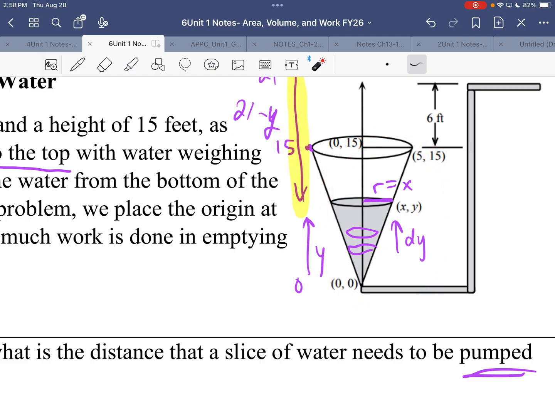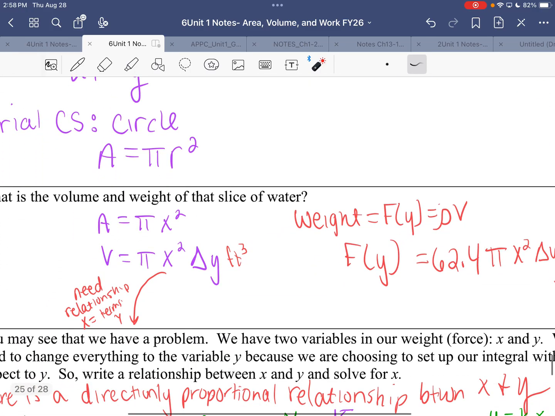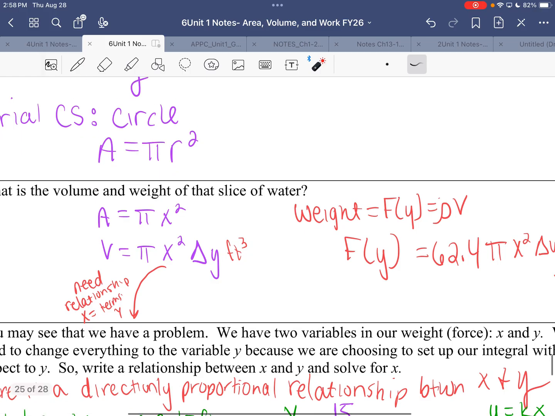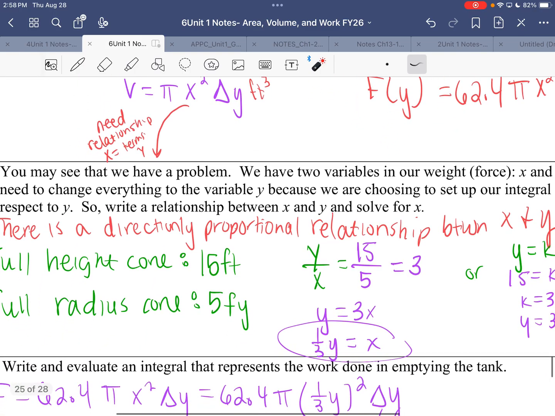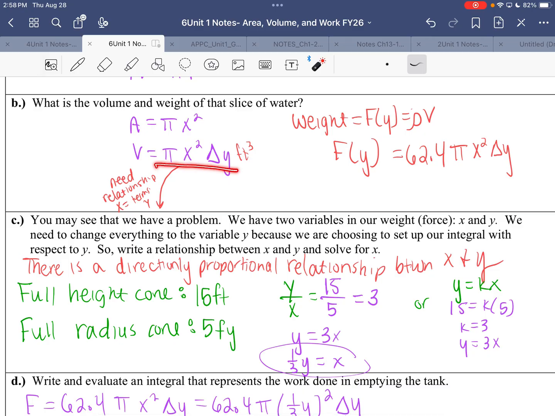Where the pump is and the relationship between our width and our y is always part of the actual function. So remember, we saw the cross section was pi r squared, and then we were like, okay, if the volume is pi r squared change in y, then we need to get that pi x squared, because x is really the horizontal displacement.